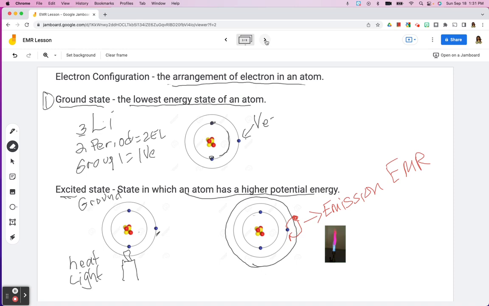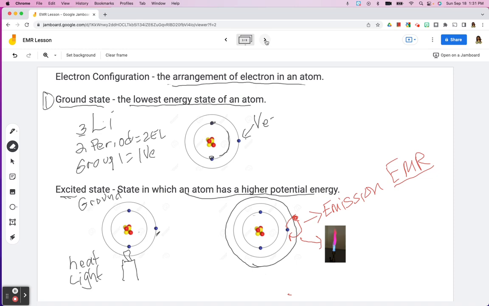This pink or reddish color flame we observed in class was the electromagnetic radiation being emitted when the electron was returning out of an excited state back to ground state.